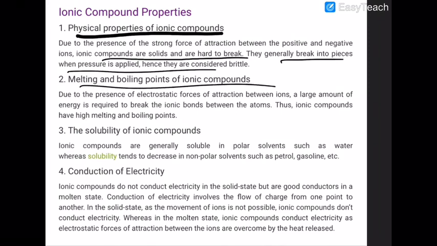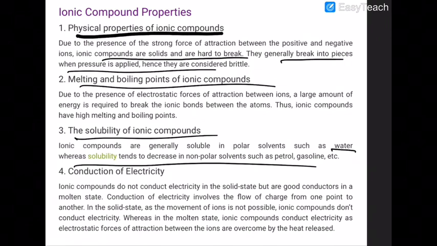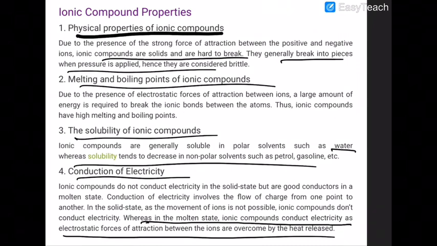Melting and boiling points are generally very high because of the strong electrostatic attraction. Solubility: they are soluble in water whereas insoluble in petrol. Conduction of electricity, I told you just now. In molten state they conduct electricity as the ions are free to move. Are you okay with that?